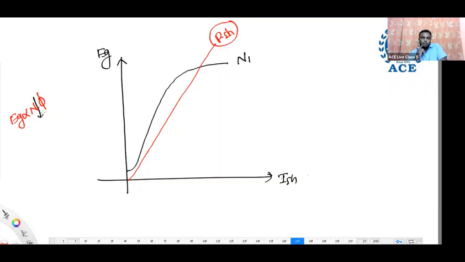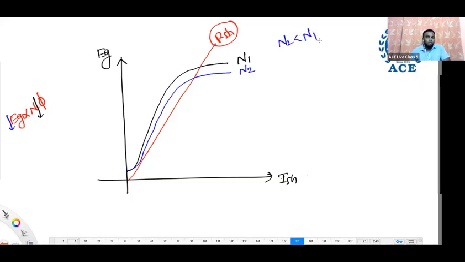Whenever the speed of the generator reduces, the EMF also reduces. Yes. This is the OCC we get now. Whenever speed reduces, EG also reduces. Let this be the speed N2, N2 less than N1.